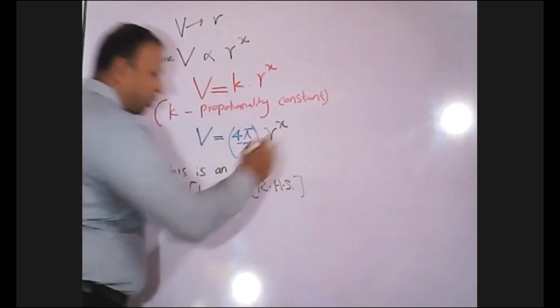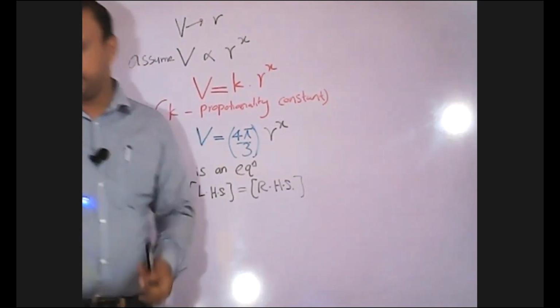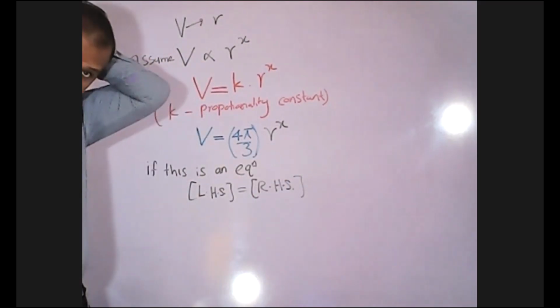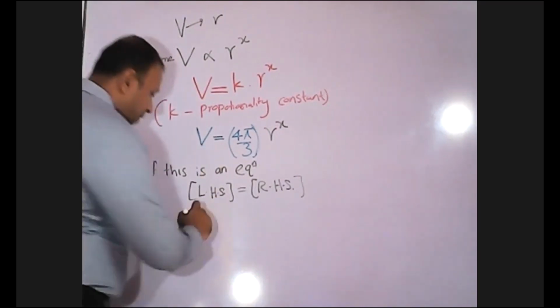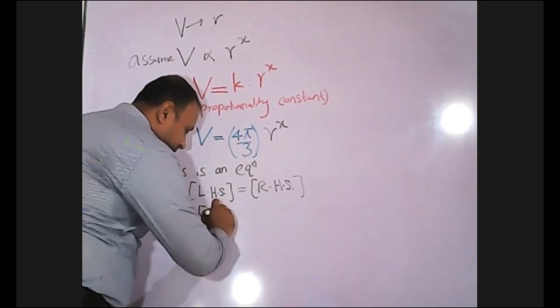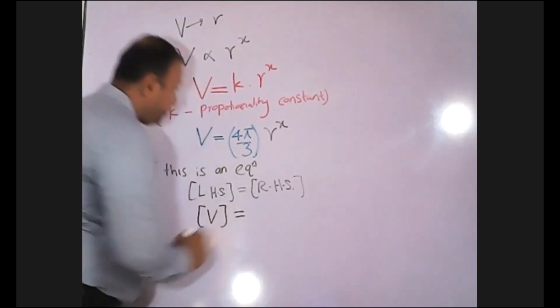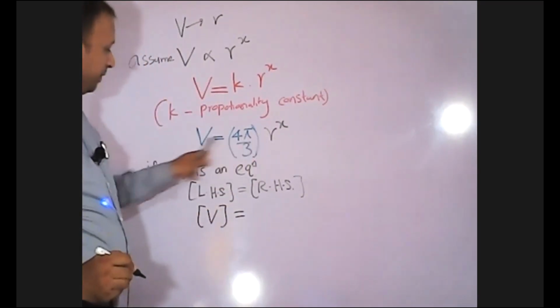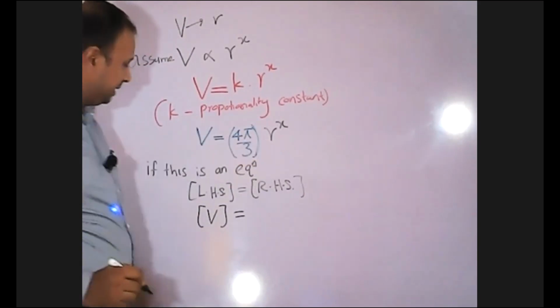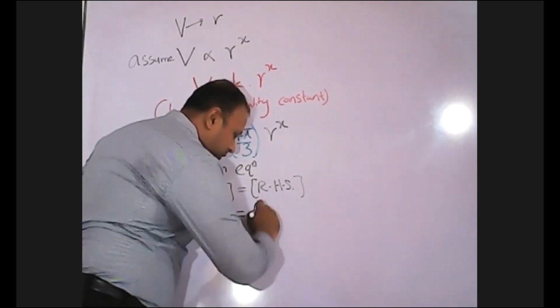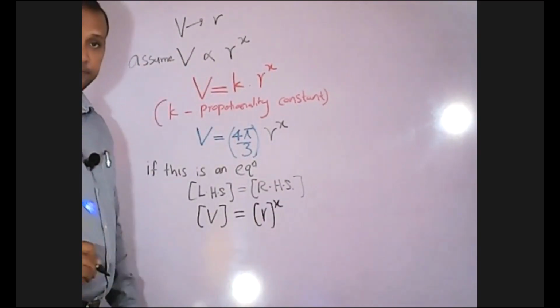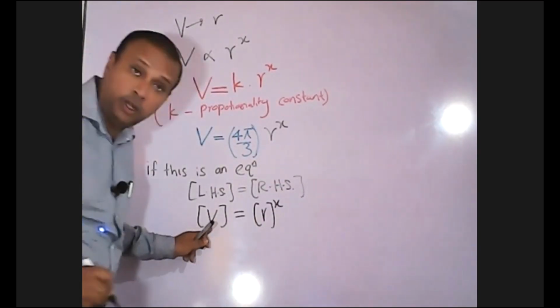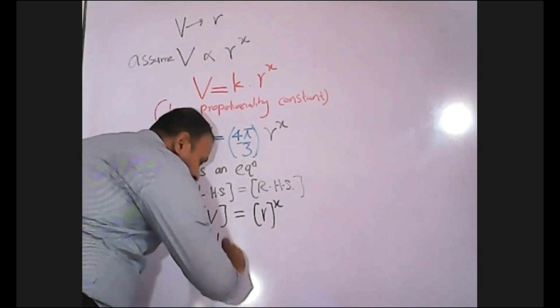That is my argument. Then you can get the dimension of RHS. The dimension of LHS is the dimension of volume. The dimension of RHS is equal to the dimension of R to the power X. V is a volume, so the dimension of volume is L^3.